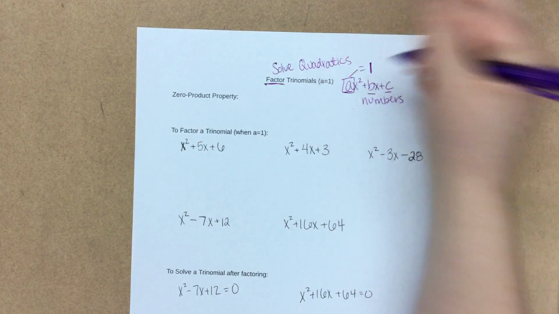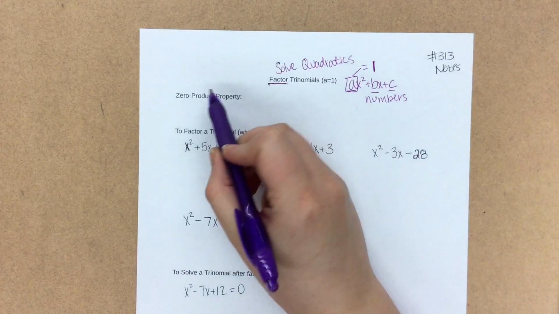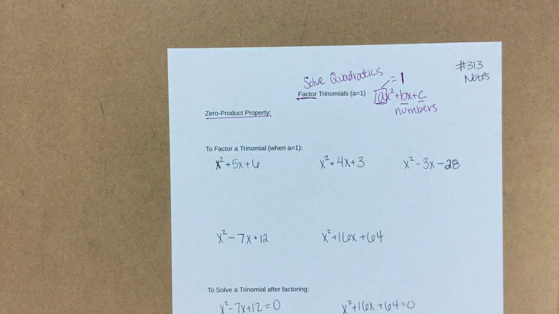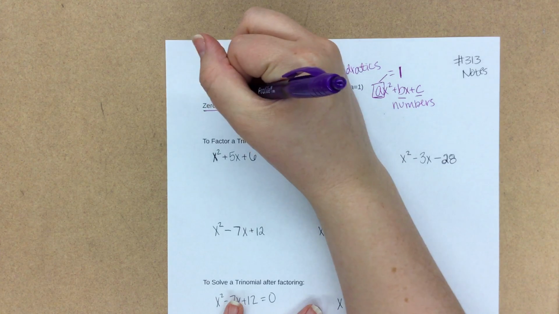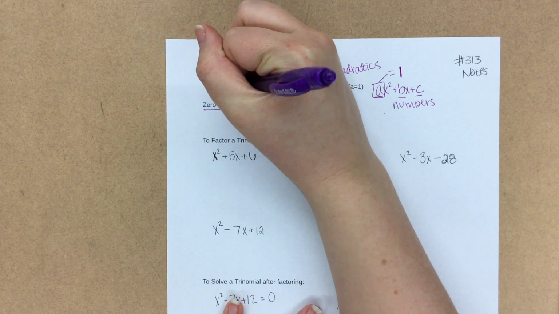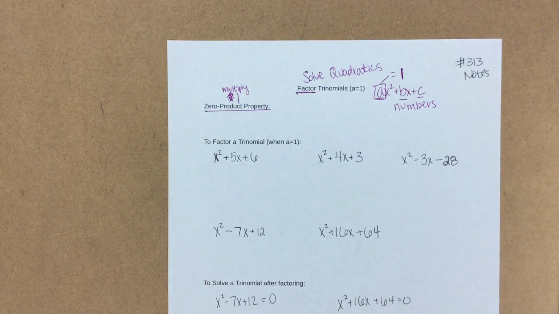Another thing we're going to be using today is something called the zero product property. And what this means, remember, product means that we're multiplying.